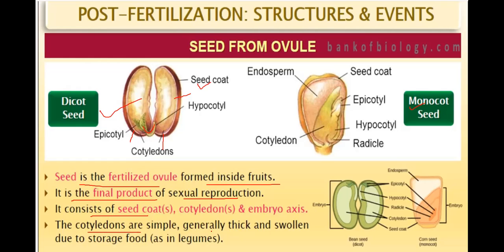Cotyledons are simple, generally thick and swollen due to storage of food, as in legumes. Cotyledons store food material. This is a bean seed, dicotyledon, and maize seed, monocotyledon.